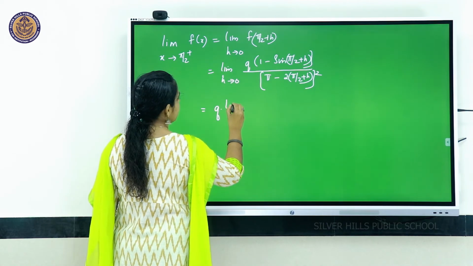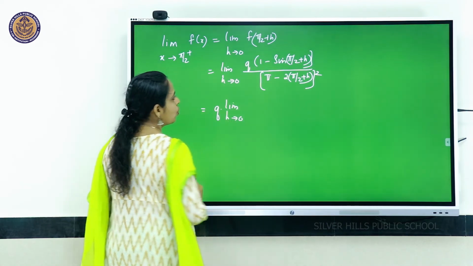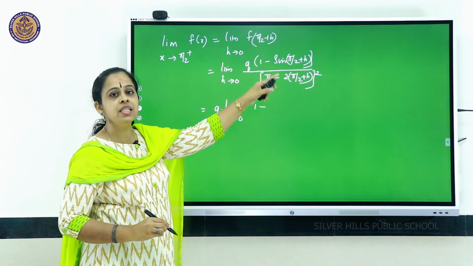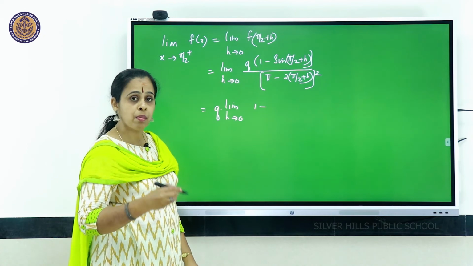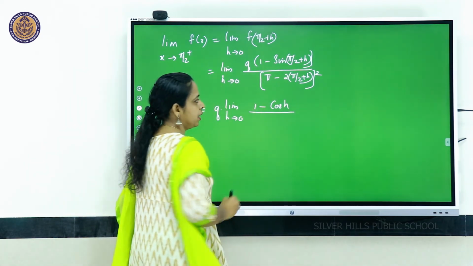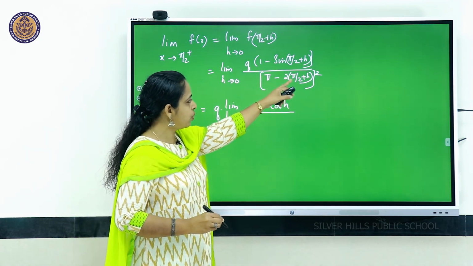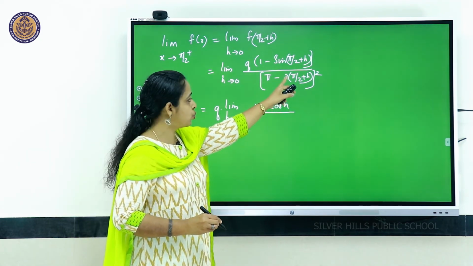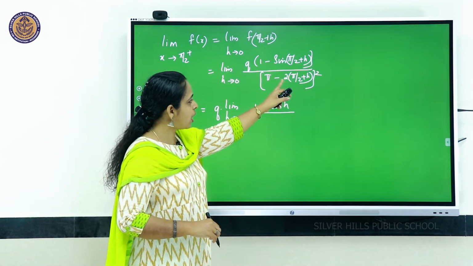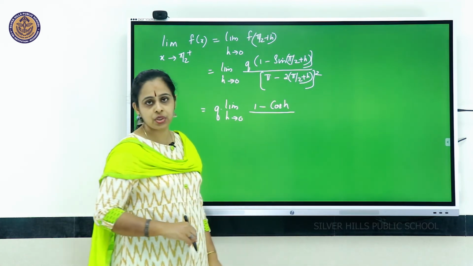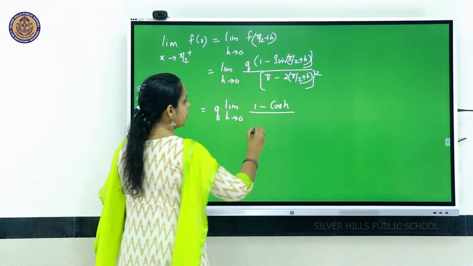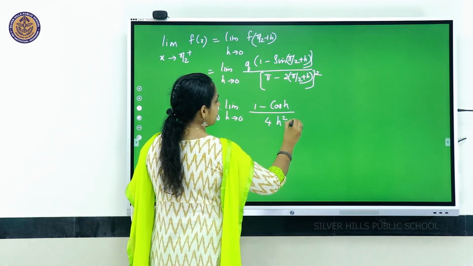Limit h tending to 0, 1 minus sin (90 plus h) will become cos h, divided by, when you multiply 2 inside, 2 into pi by 2, 2 and 2 will get cancelled, pi minus pi 0, then comes 2 into h. 2 into h whole square makes 4h square.